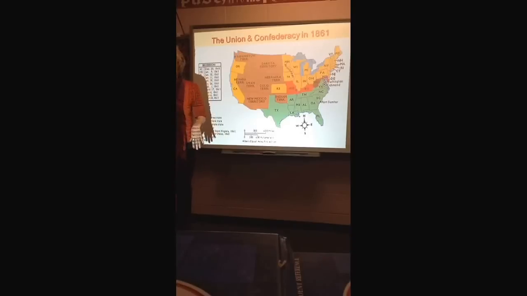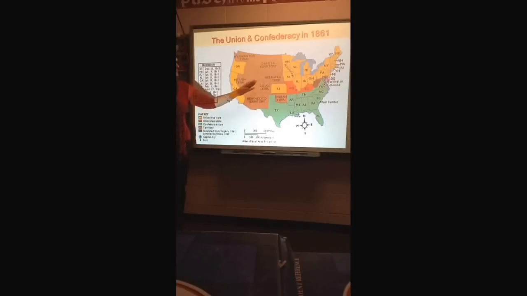And here we have a picture of the Union and the Confederacy by 1861. Lincoln was elected, and we go through the whole year. We have secession, we have the Battle of Fort Sumter, and through the rest of that year, both sides are beginning to train, gather and organize their military. By 1861, this is what the two sides look like.